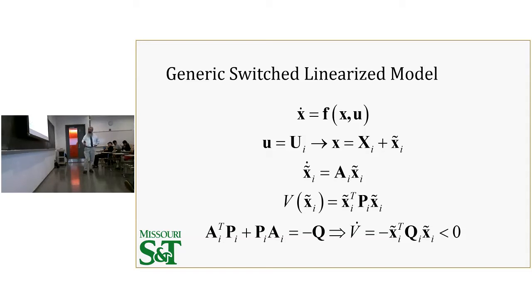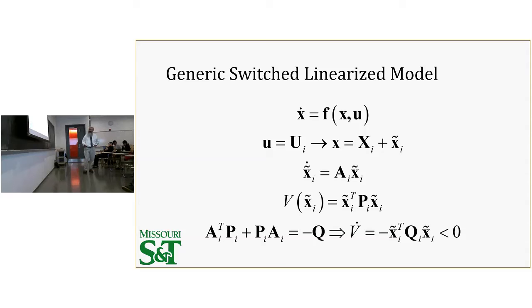So we start with some nonlinear model, and then our ith mode is defined by some constant input capital U. For that constant input capital U, we have some steady state operating point capital X, and then some incremental small signal portion. That small signal portion is governed by linear dynamics.